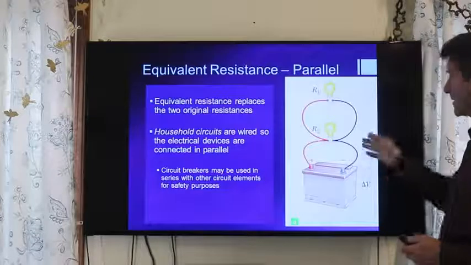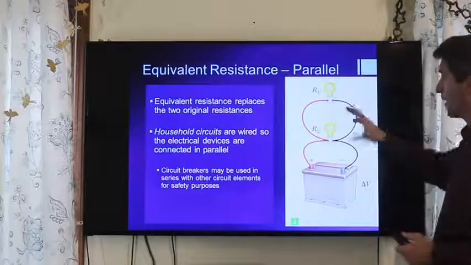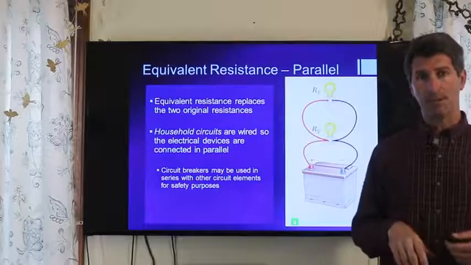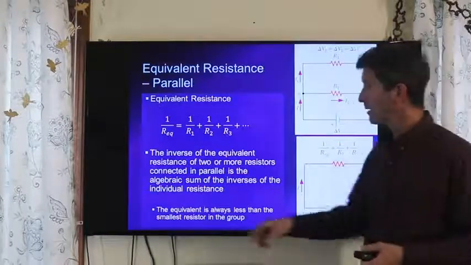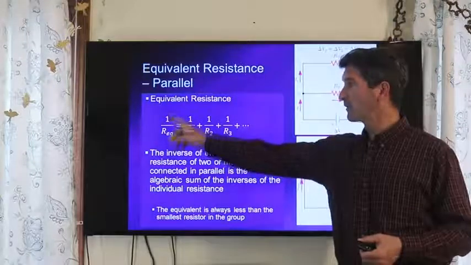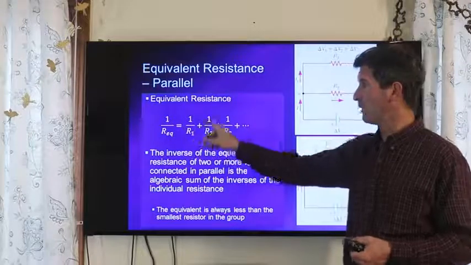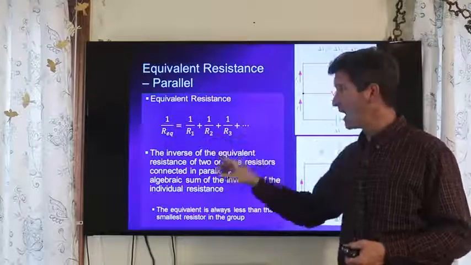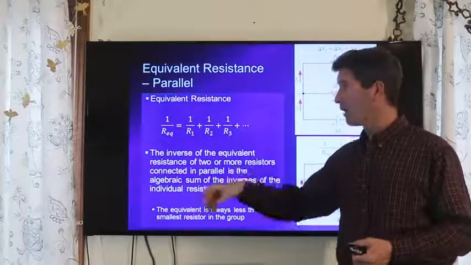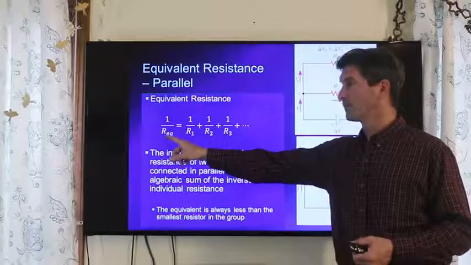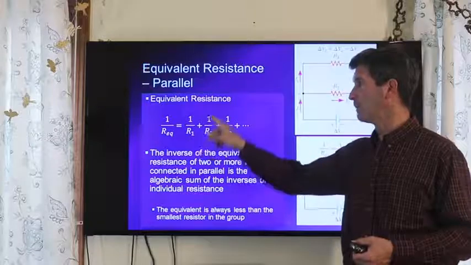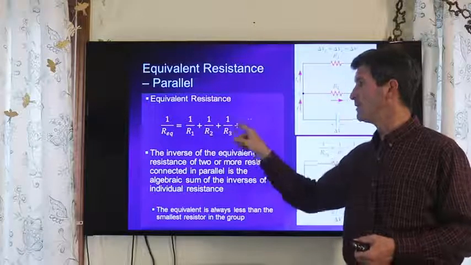Well, going back to this case right here, remember, we're breaking up the current. Current is equal to voltage divided by resistance. So if we imagine that the total current is equal to I1 plus I2 plus I3, and the voltage is all the same, I is V over R. The voltage divided by the equivalent resistance is equal to V divided by R1, V divided by R2, V divided by R3, and so on.